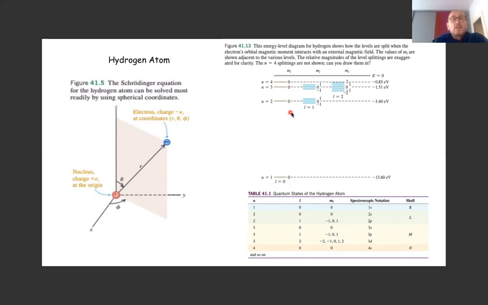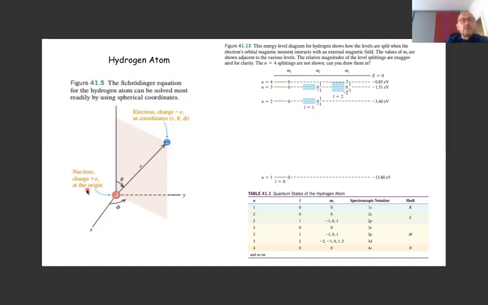So the Schrödinger equation that we have been looking at is trying to solve this problem. We have a proton in the origin of the system, and we have an electron which is moving around, and we can describe this as a function of the coordinates theta, phi, and r.